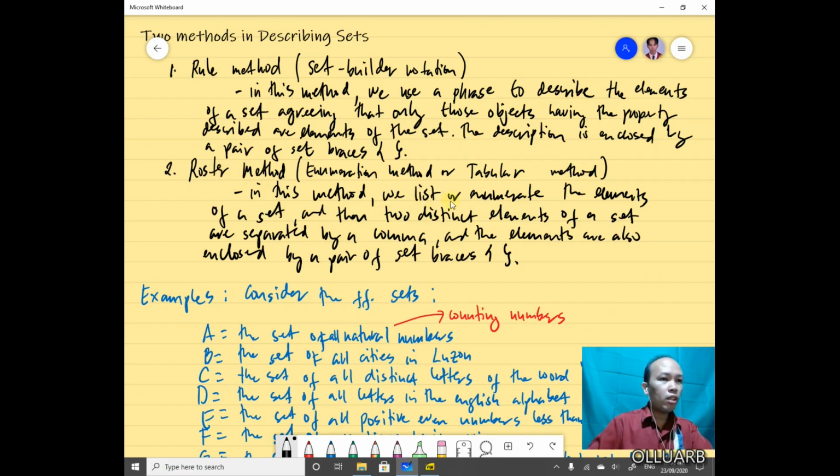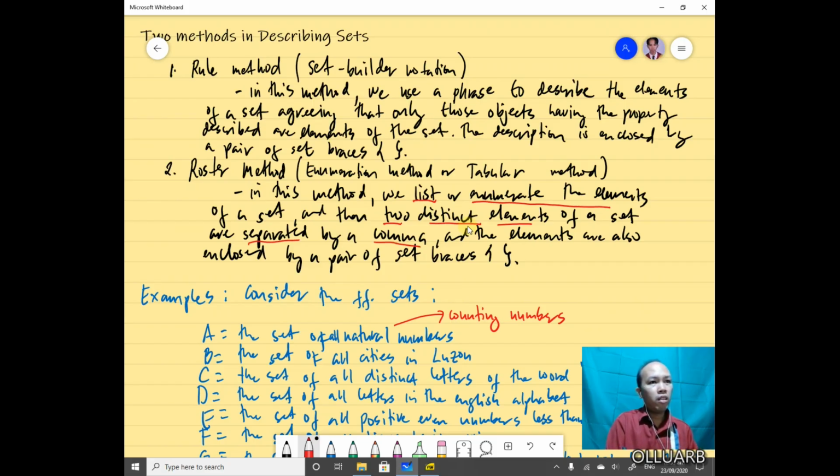In this method, we list or enumerate the elements. So the keyword here is to list or enumerate the elements. The objects of a set are called elements. So an apple is an element. And then after listing, two distinct objects of a set are separated by a comma.